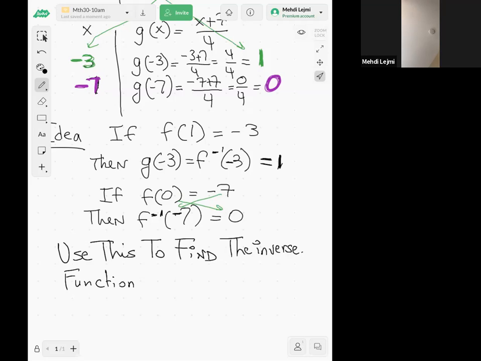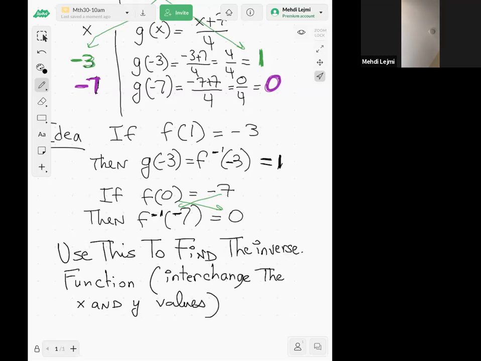Again, the idea is you interchange the input x and the output y, the x and y values.